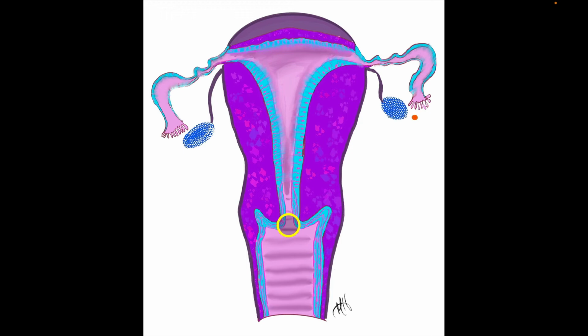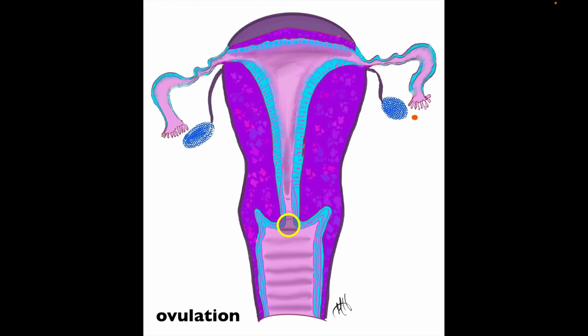During ovulation, now ovulation is the release of an egg from the ovary. Ovulation occurs every 28 days. To be clear, ovulation and menses, or the menstrual cycle, are very related to each other, but also very distinct processes.